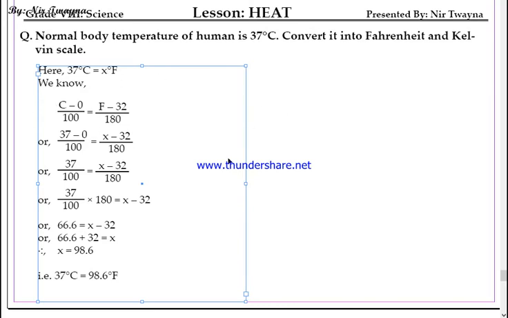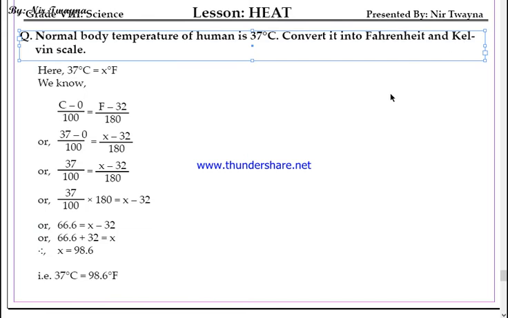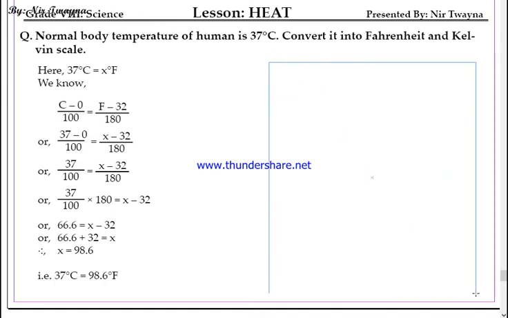This is the first part of your numerical. It asks us to convert 37 degrees Celsius into both the Fahrenheit and Kelvin scales. We have converted into the Fahrenheit scale. Now we are going to convert it into the Kelvin scale.